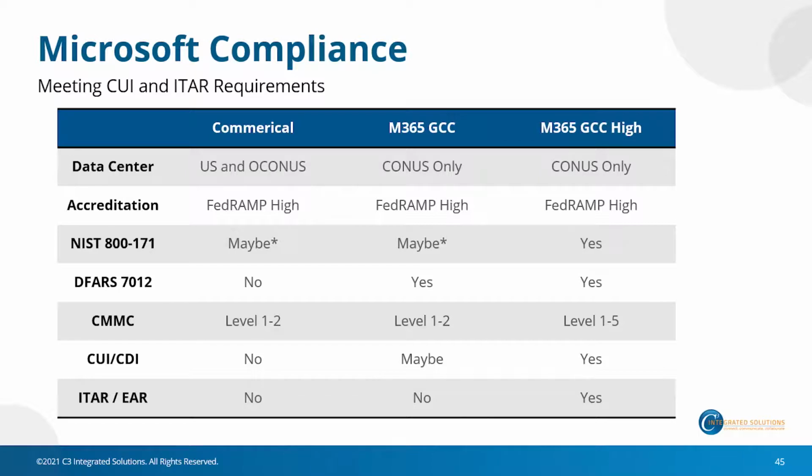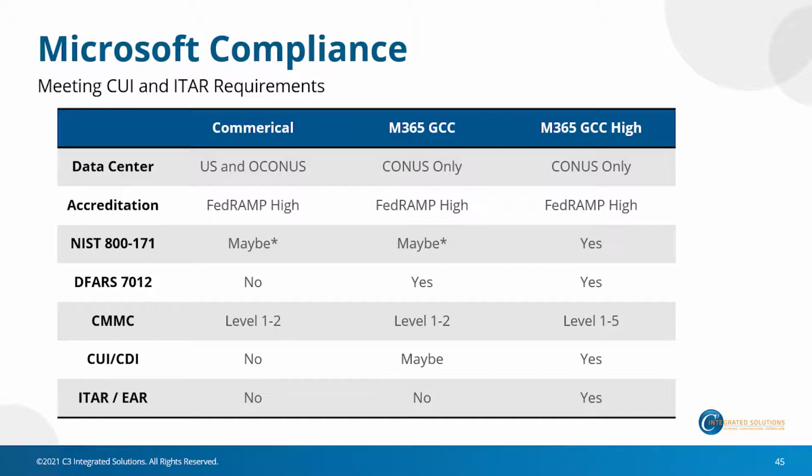This has a direct relevance to those that are pursuing level 1 and level 2 in CMMC, because now they can attest to not only the CMMC level, but meeting DFARS 7012 as well. However, from a Microsoft perspective, their recommendation is that if you have a level 3 requirement or higher, you should be in the GCC High environment.